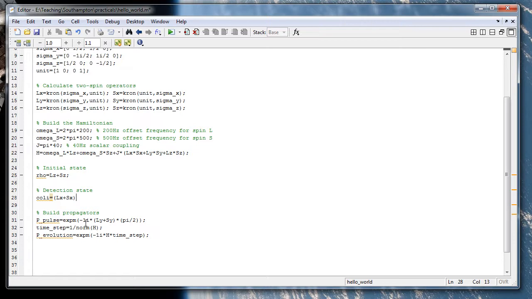What I'll do is something that I guess will puzzle some philosophers. I will detect using a non-Hermitian operator, namely this one, Ly plus Sy. Because this is a non-Hermitian operator, it's the plus operator in fact, the observable will be complex, but the resulting complex observable will be exactly equal to the quadrature detected signal.